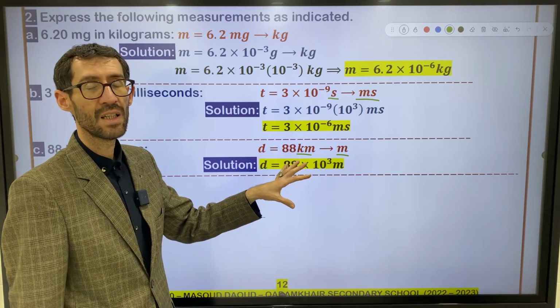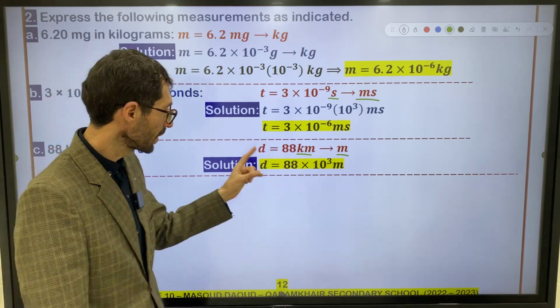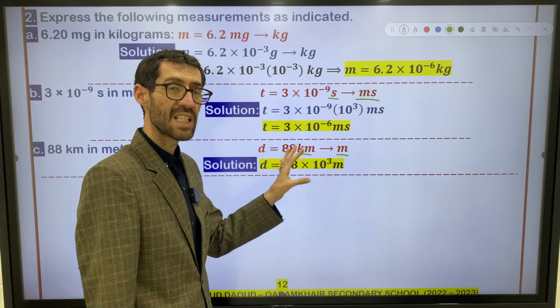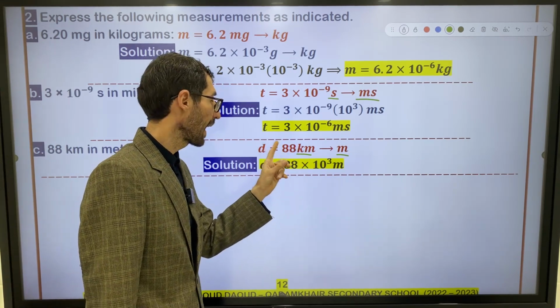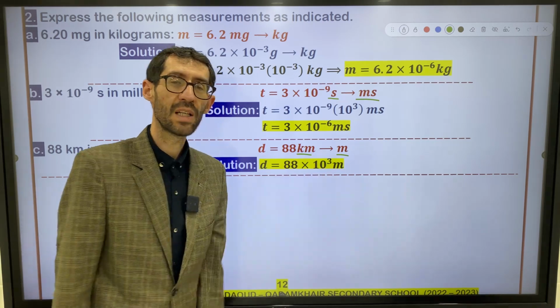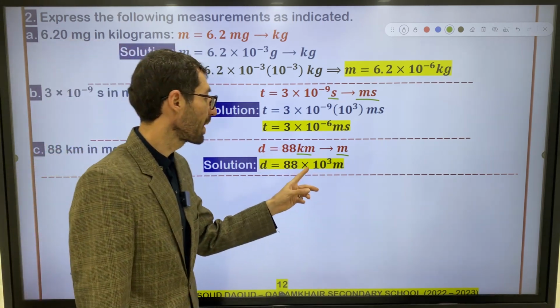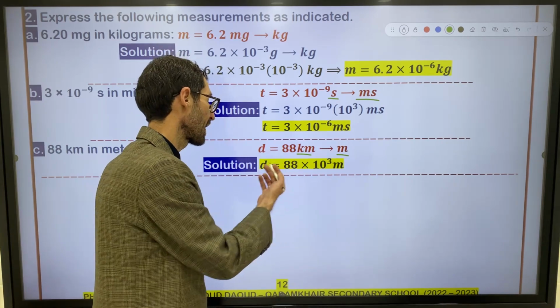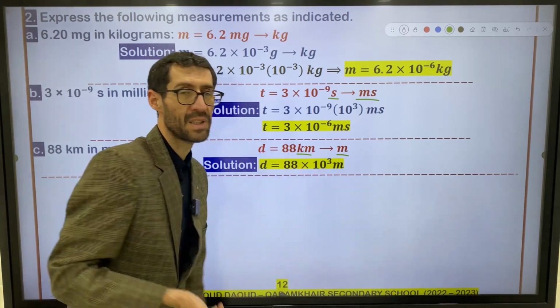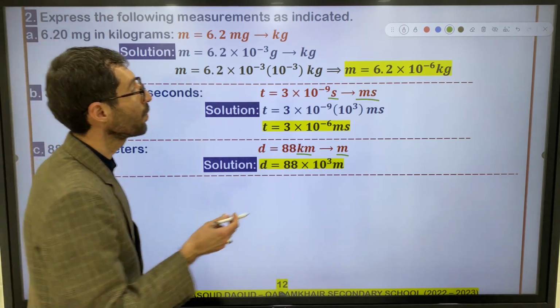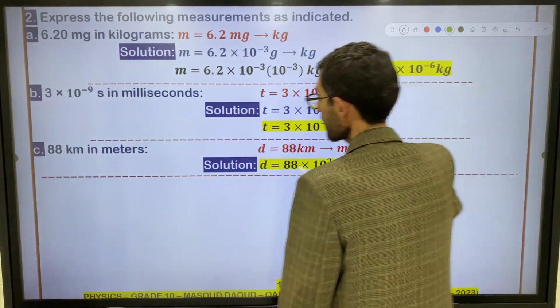It doesn't need to change anything, right? Kilo means 10 to the power 3, and that's it. 88 times 10 to the power 3 meters. Let's move on to another question.